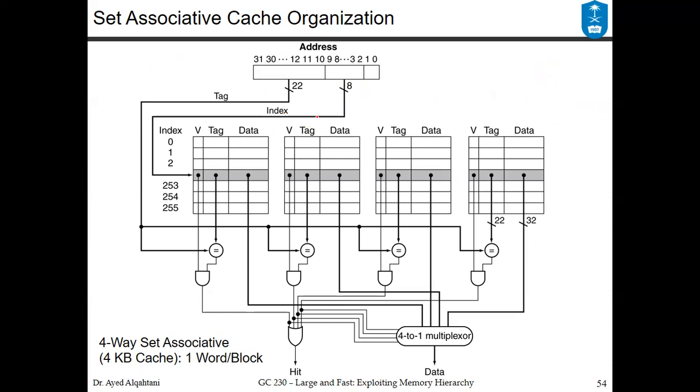And since you have 8 bits, you have 2 to the power of 8, which is 256 locations from 0 to 255. And you choose the one that is indicated by the index bits. For example, this is the one. And now, since this is 4-way, you will have 4 different entries or 4 different locations for every set.